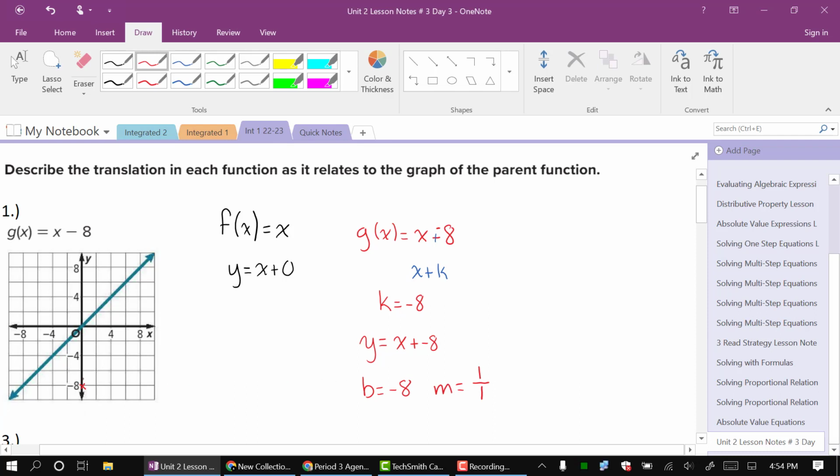I'm going to rise 1, so I'm going to go in between it. I'm going to run 1, and I'm going to go right in the middle. Rise 1, run 1. Rise 1, run 1. So I got enough points here. I can make a line from here. And as we said, there is a shift down that is happening from my parent function.